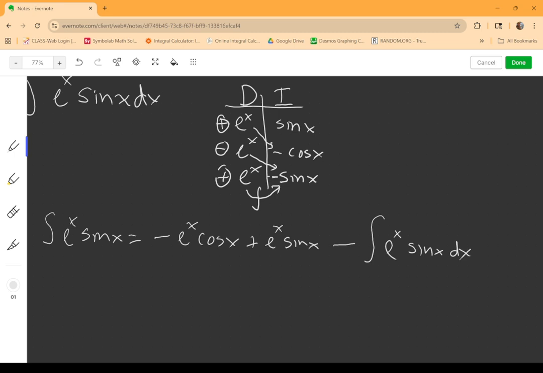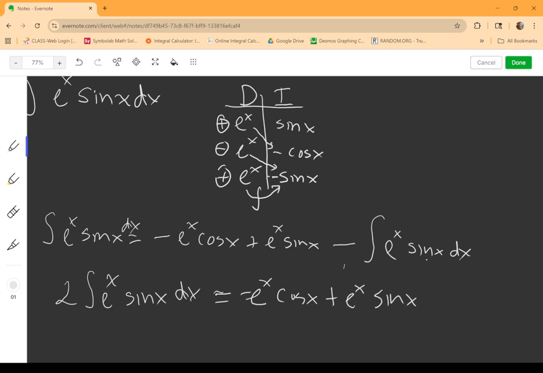Now notice that I have an equation. I'm essentially going to treat it like I'm solving for the integral. I'm going to add this integral to both sides. So I get 2 times the integral of e to the x sine of x dx equals negative e to the x cosine of x plus e to the x sine of x.